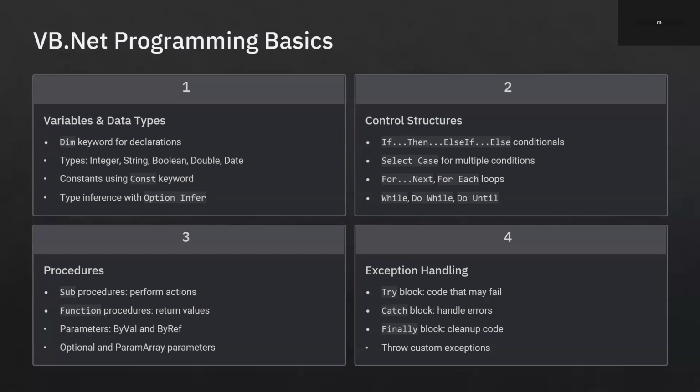Along with that function, we can have parameters. The parameters can be ByVal or ByRef. ByRef will update the original variable whenever the function is called, whereas in ByVal, the variable value change takes effect only within that function.